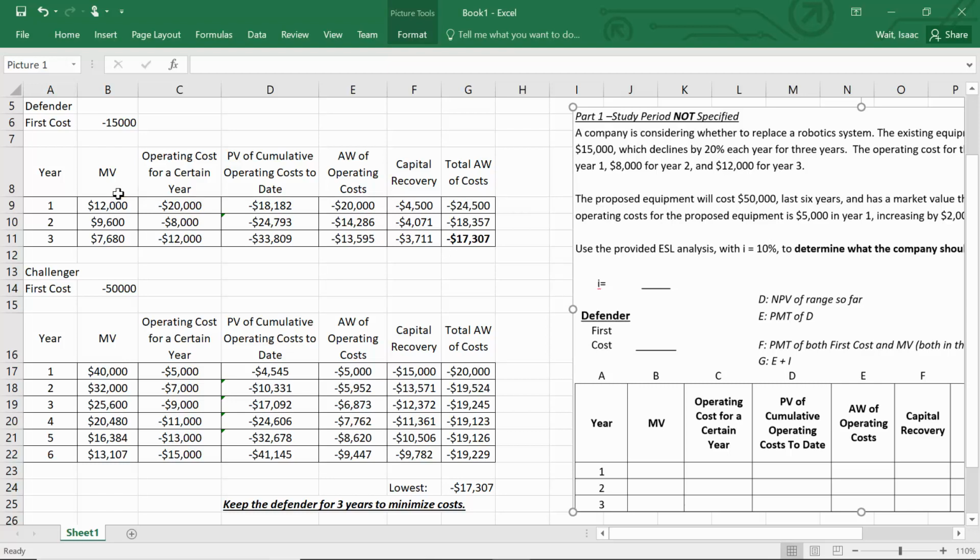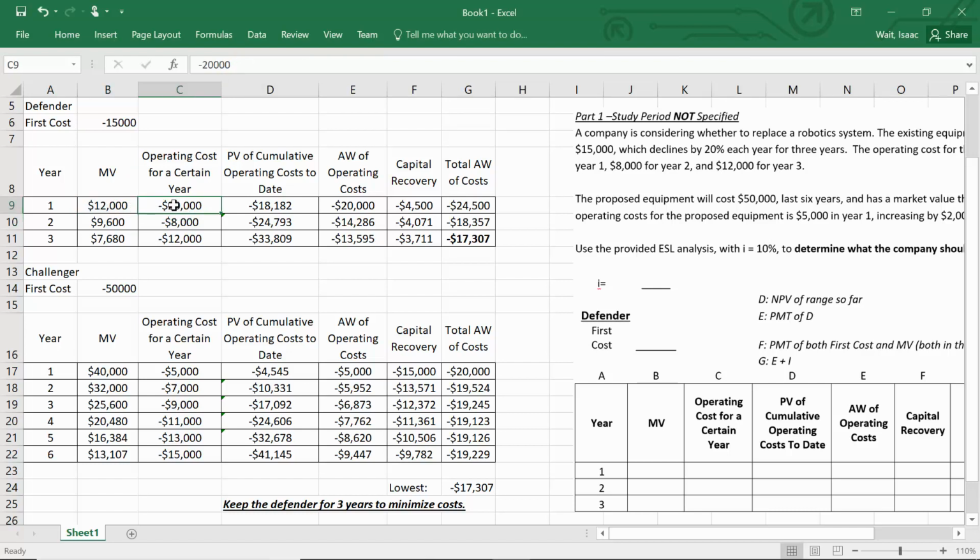So I just multiplied the previous amount by 0.8. So you'll notice this market value says 0.8 times the first cost, and I put a negative sign in just to flip it. But then for these subsequent years, it's just 80% of the market value above it without the negative sign, because I want to keep it as a positive value.